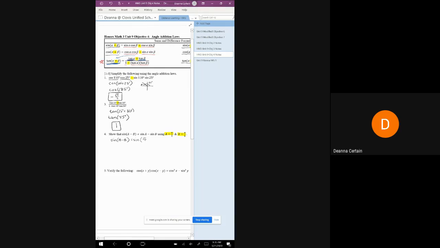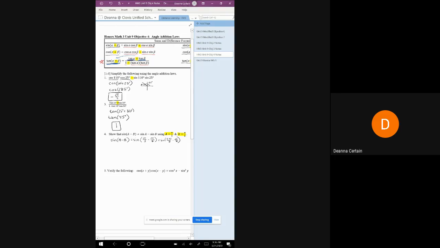A is pi over 3 minus pi over 6 for my B, which is sine of pi over 3 minus, I'm sorry, I wrote that backwards. I need to turn it into 6. 2 pi over 6 minus pi over 6. There we go.